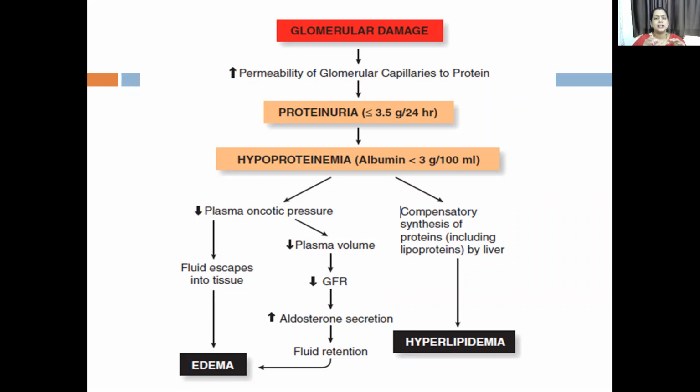If the oncotic pressure is decreased, fluid escapes into the tissue and there is hypovolemia, and all these things cause increased aldosterone secretion and edema. Then there will be compensatory protein synthesis, and this results in hyperlipidemia. So this is the pathogenesis of nephrotic syndrome in brief.